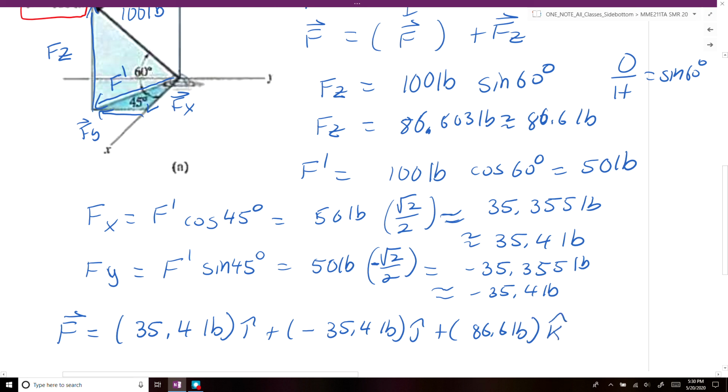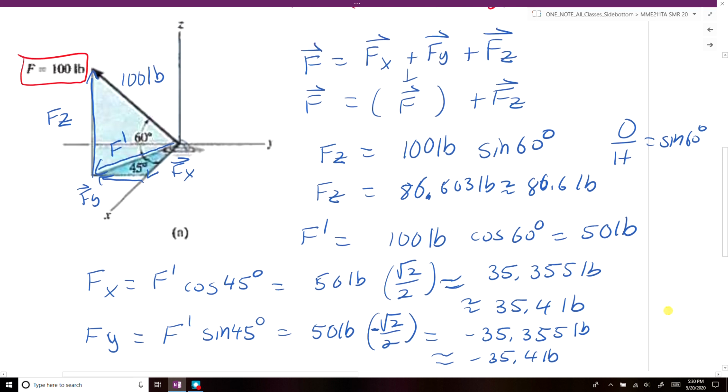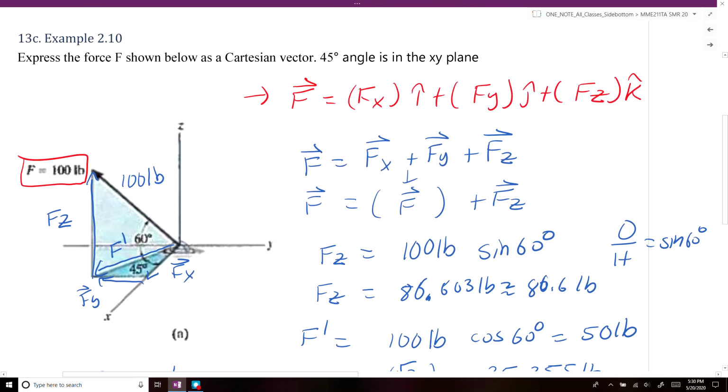Depending on the angles you are given in the diagram, you can use either trigonometry or the coordinate direction angles, which I guess is also trigonometry, to solve for the x, y, and z components.